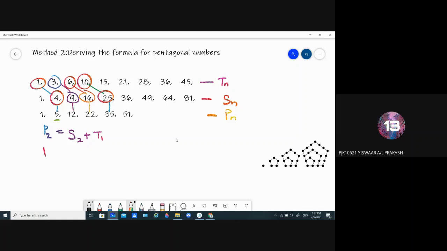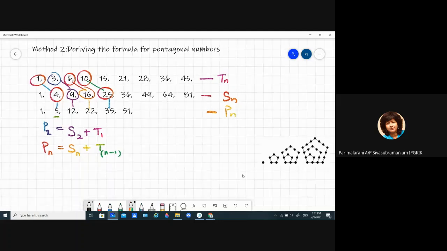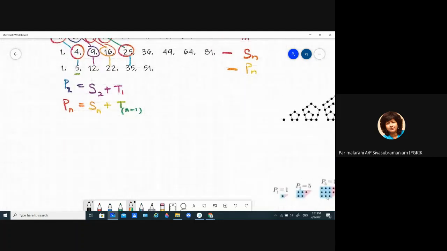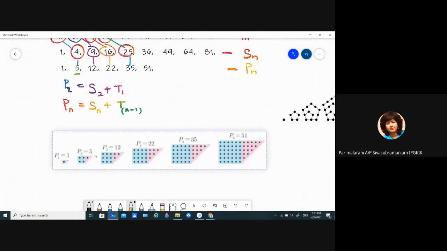So if I write it generally, Pn is equal to S n minus 1... sorry, Sn plus T n minus 1. Okay, good. So that means these pentagonal numbers consist of square numbers plus triangular numbers. If you want to look at it visually, this is what it will look like.